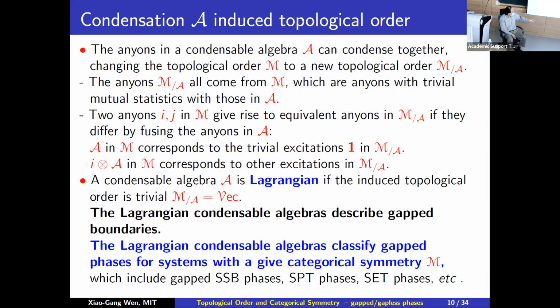Remember, we developed this group, subgroup theory, symmetry breaking corresponds to symmetry breaking phase. And using group cohomology, we get SPT phase. But SET is very complicated, we have all kinds of complicated theory. But in this formulation, just a Lagrangian condensed algebra would classify all those phases together in a unified formalism.